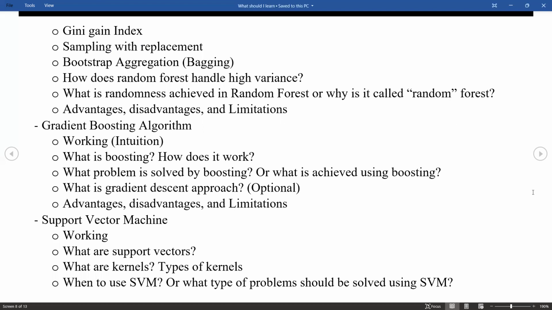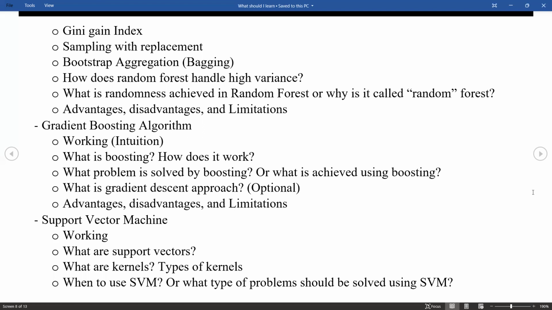Random forest works with something called sampling with replacement. So what happens in sampling with replacement? What will happen if you replace this concept with sampling without replacement? That you can develop. Once you read about it, you'll get to know all the insights. So you try to analyze things in that direction.